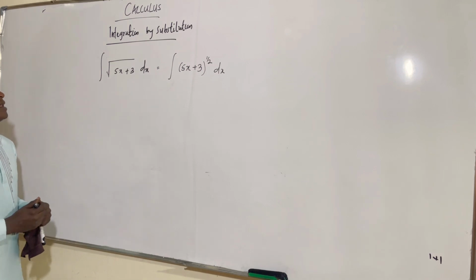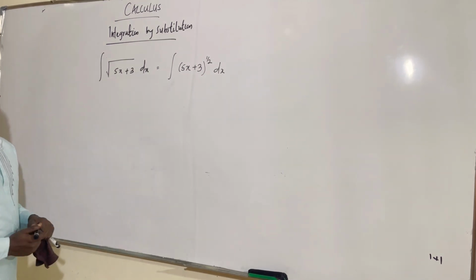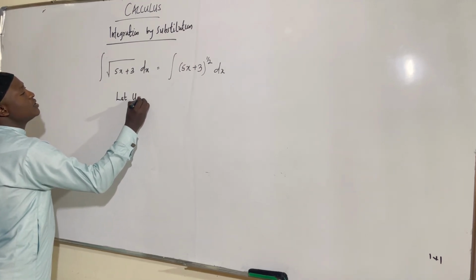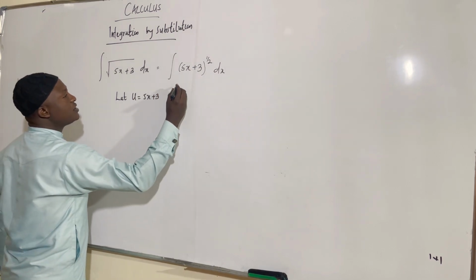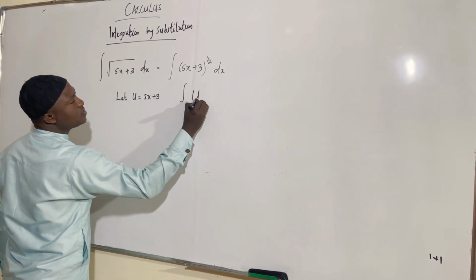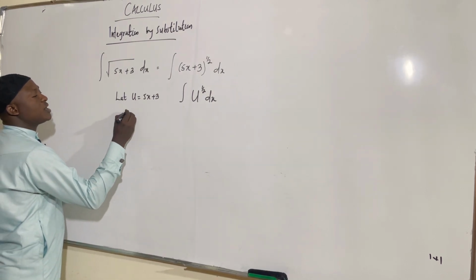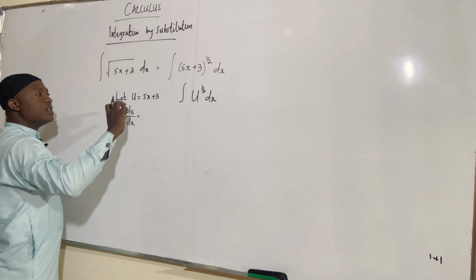So now, the next thing is, let u equal to what we have in the bracket, right? So now, let u equal to 5x + 3. So now, if that one is u, that means here we have integral of u raised to the power of 1/2 dx. So here we have u and x. This one is going to be du/dx is equal to differential of 5x.